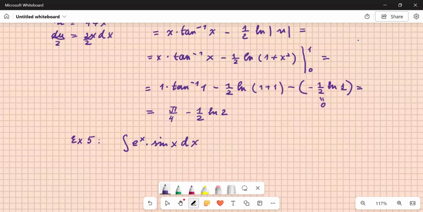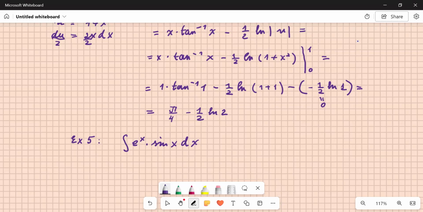So usually, guys, our goal is to make sure that the second integral, by differentiating one of these two functions, is going to make everything improve. The bad thing for this integral is that neither of these two functions is going to be improved while you differentiate them. For example, you differentiate exponential function, it's not even going to change. You differentiate sine function, it's going to become cosine, but cosine is not much better than sine, right?